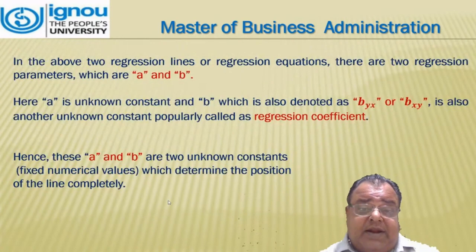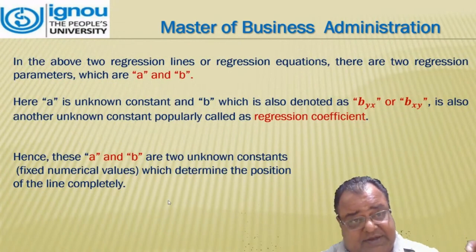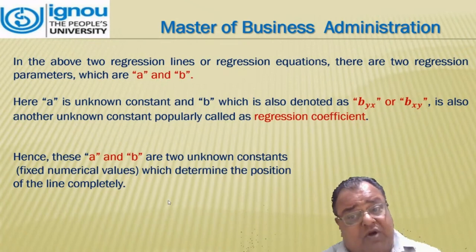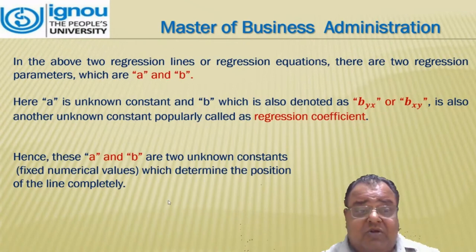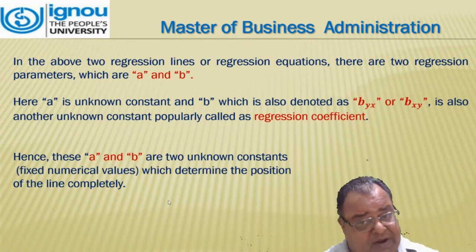In the above two regression lines or regression equations, there are two regression parameters, that is a and b. A is an unknown constant, and b, which is also denoted as byx and bxy, is also another unknown constant, popularly known as the regression coefficient.